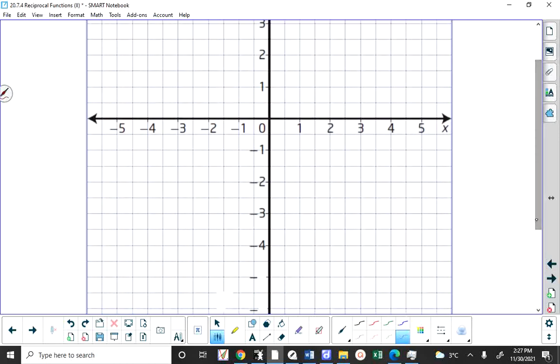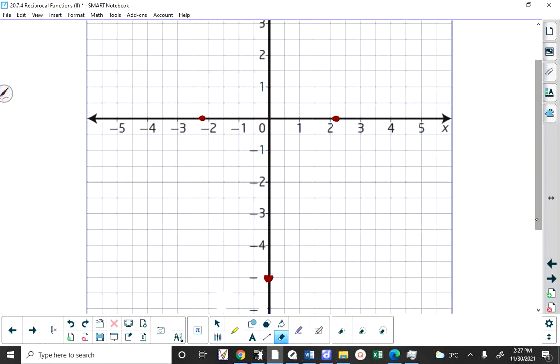We can use that same pattern here. Here are my points. I was using the grid for the next example. Looking at the y-intercept, we can go over 1 and up 1 on both sides. We can go over 2 and up 4 on both sides. We can go over 3 and up 9, except it's not.